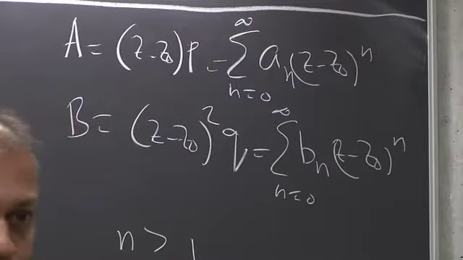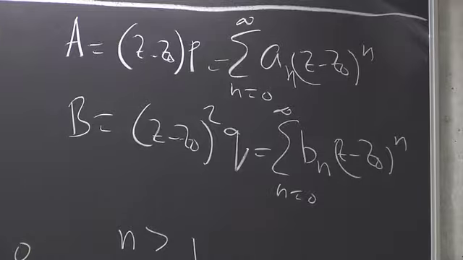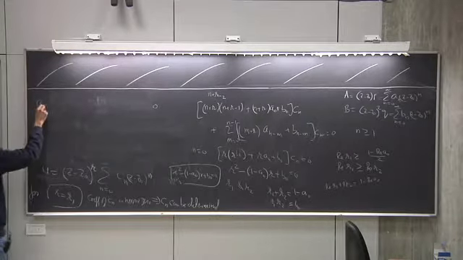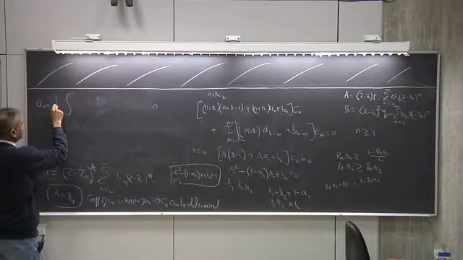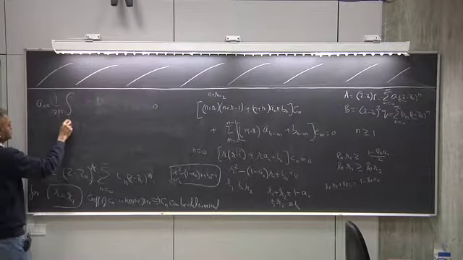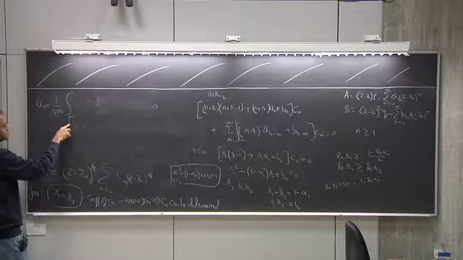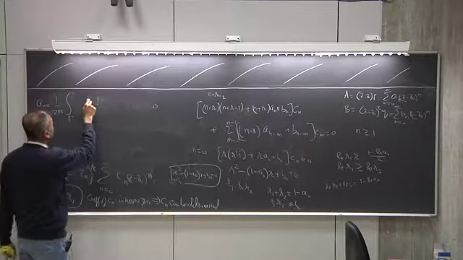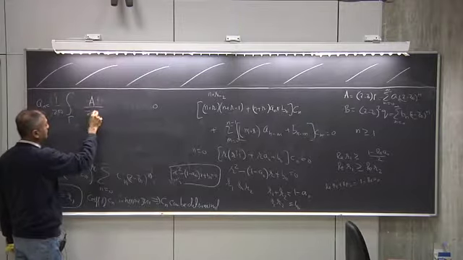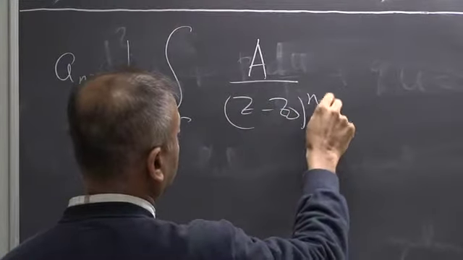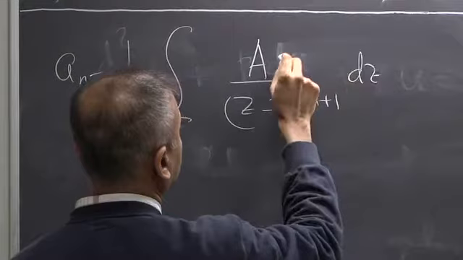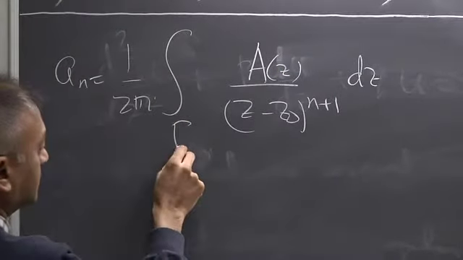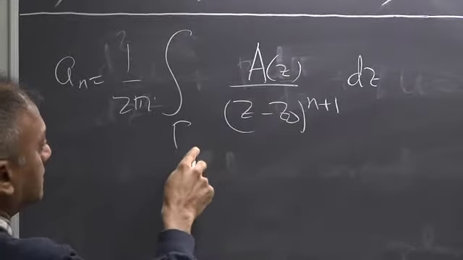In fact, last time I wrote down an integral representation. We know how to compute the Taylor coefficient. So a n is 1 over 2 pi i, integral over some closed contour around z naught of A over z minus z naught to the n plus 1 dz. This gamma is a circle.